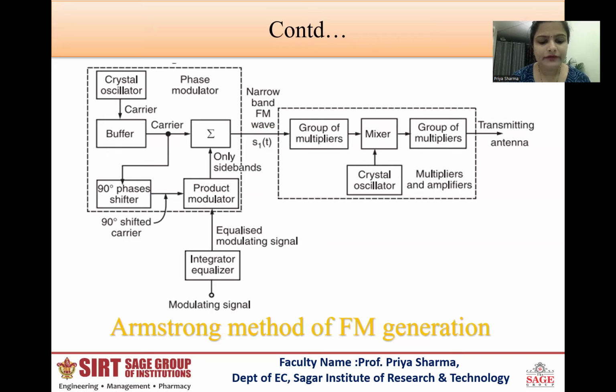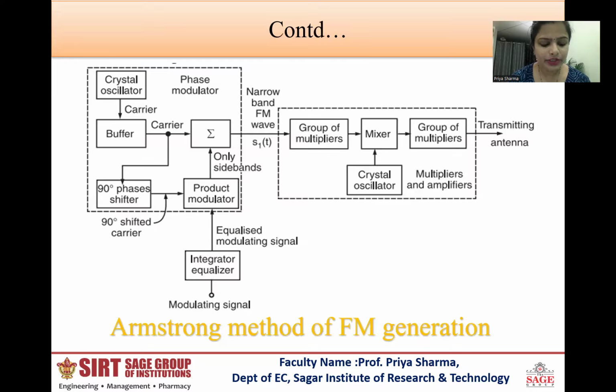And higher modulating frequencies produce a faster rate of change of modulating voltage. Hence, they also produce greater frequency deviations. Thus, in PM, the carrier frequency deviation is proportional to the modulating voltage as well as the modulating frequency. But in FM, the frequency deviation is only proportional to the modulating voltage regardless of its frequency.